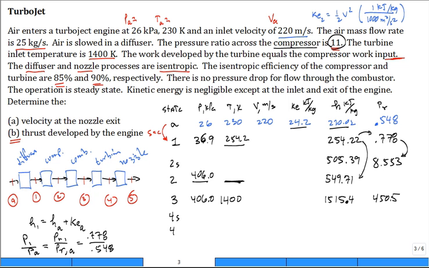You have to make that observation. And the first time you do it, you struggle and you say, how do I solve for this? Because I'm used to having the same pressure ratio, but you don't have the pressure ratio across the turbine. What you are given is that the work that the turbine actually produces is the work that the compressor actually needs.